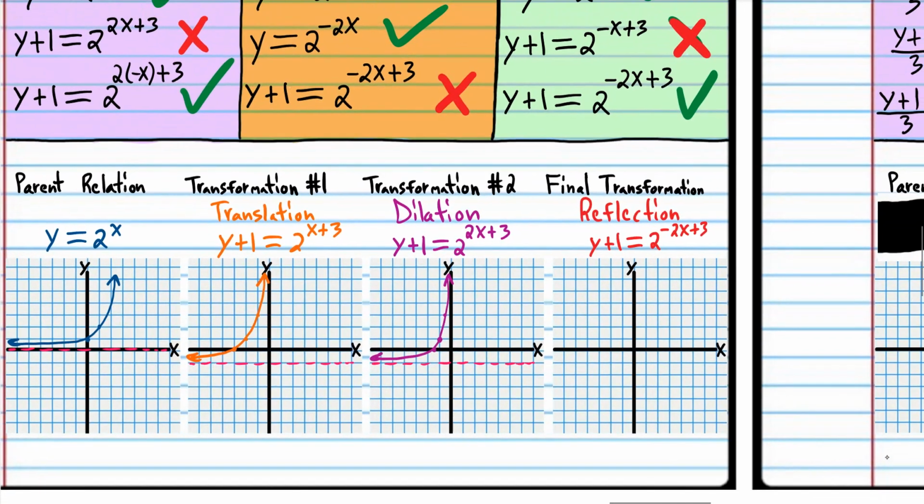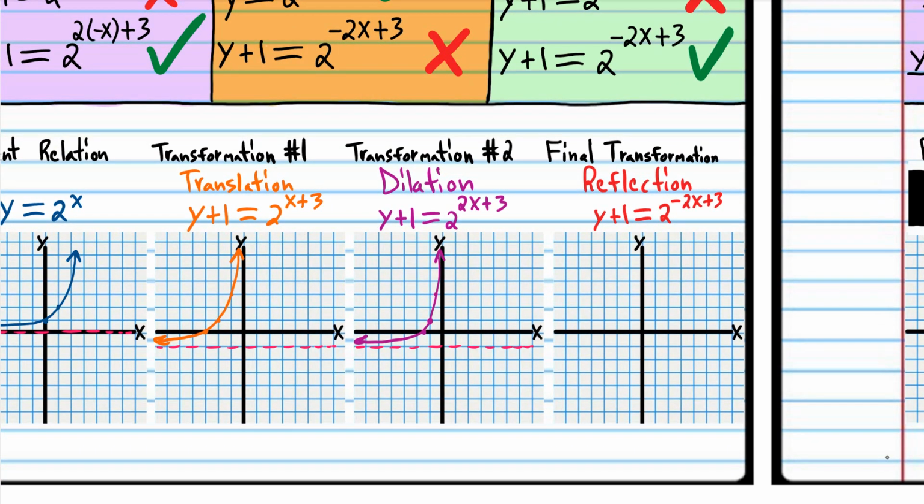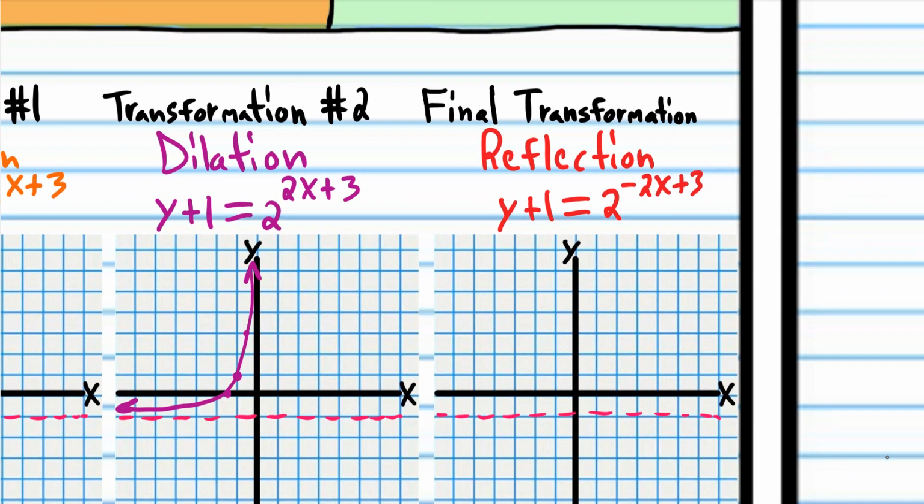Okay, so now we're going to reflect across the y-axis because there's a negative next to the x. So that's not going to change the position of the horizontal asymptote. We're just going to flip all those points to the other side of the y-axis.